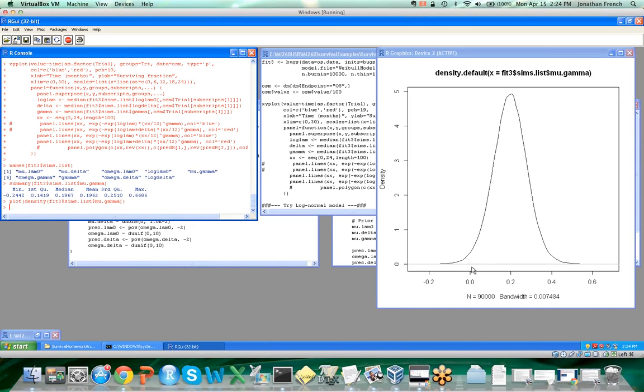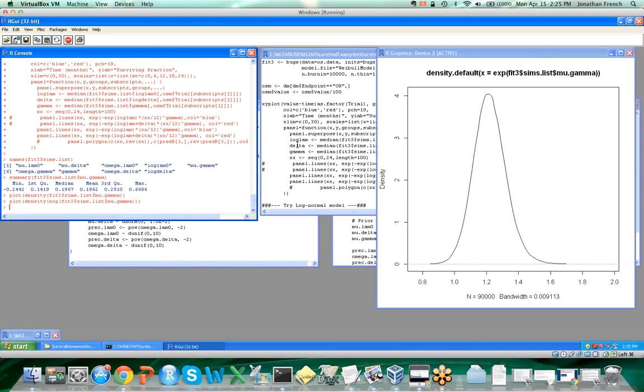And so here we see that the vast majority of the density is above 0, which is giving us an indication that this shape parameter is really different from 1. And if we wanted to see that on the non-log scale, on the raw scale, our estimated shape parameter here is around 1.2. That would be the between study mean.